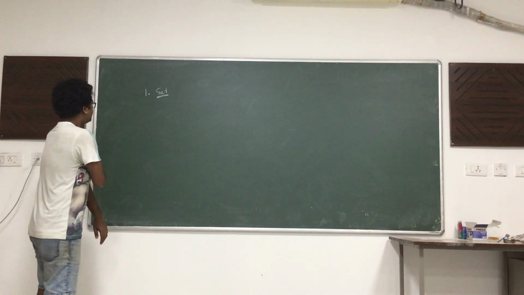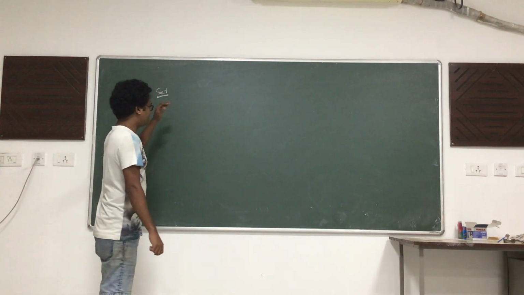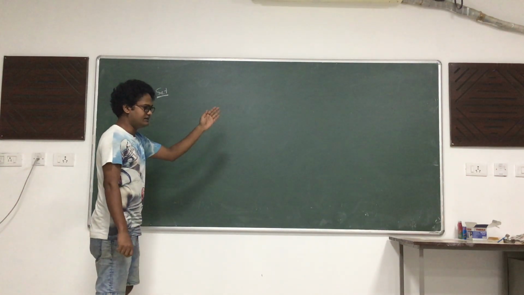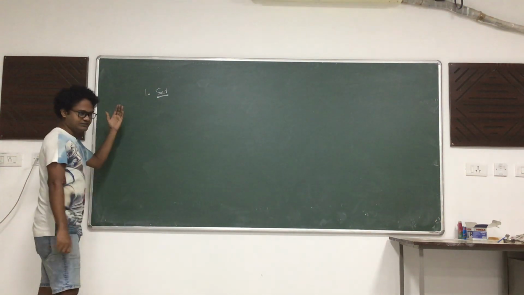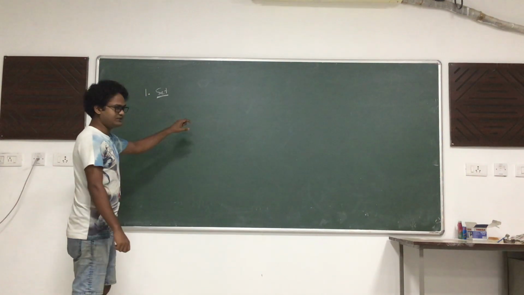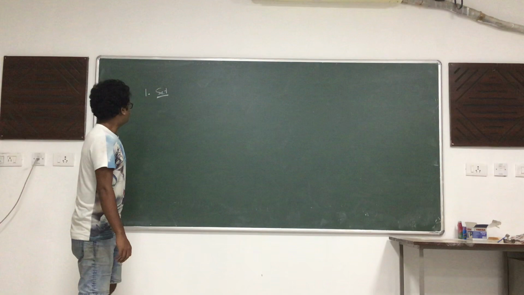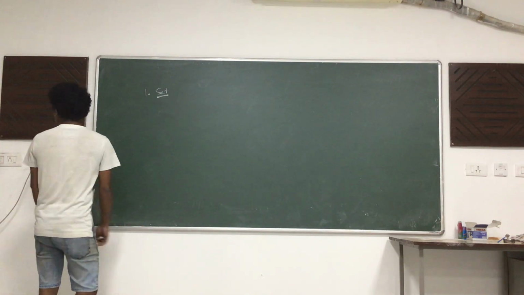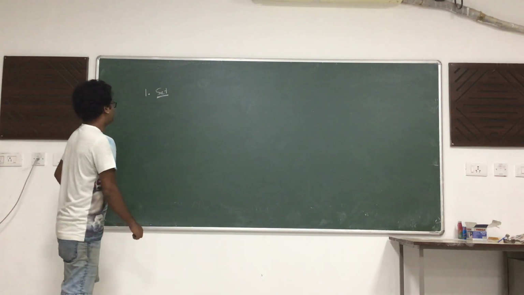We'll follow a very specific path, like groups, vector spaces, and then representations. But it's not a full course on representation theory, so we'll choose a specific path that will help us in general in high-energy physics. So let us start with a set.